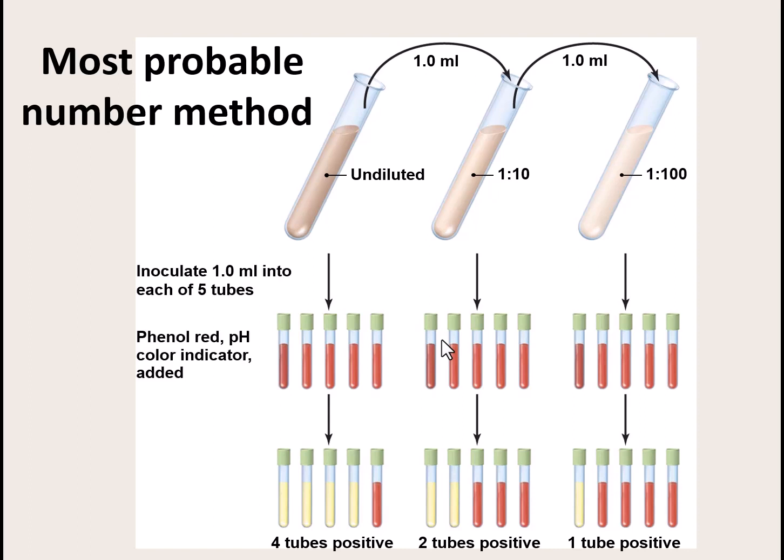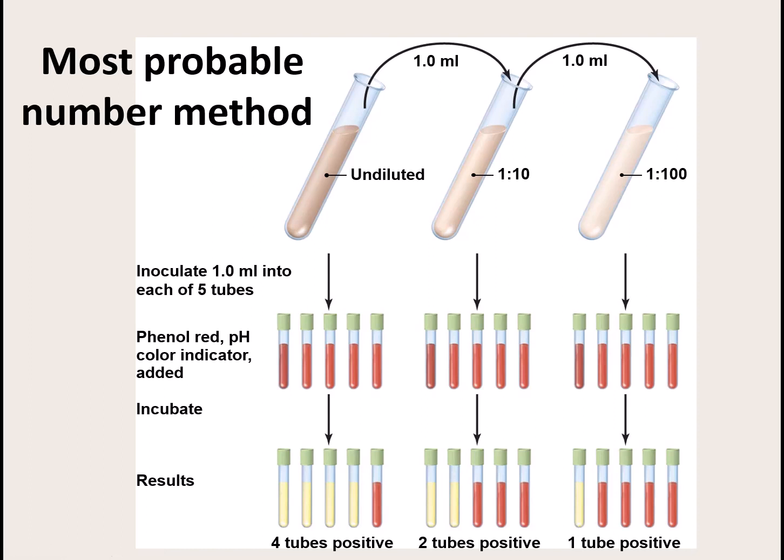So we can see that we're getting more and more diluted because less and less of them are doing the color change. Then there's a big most probable number table that you just go back and look at, based on my dilutions, based on how many tubes turn yellow at each of the different dilutions, there's a table that tells you approximately how many bacteria were in there.